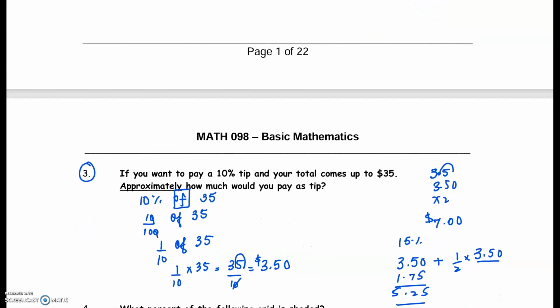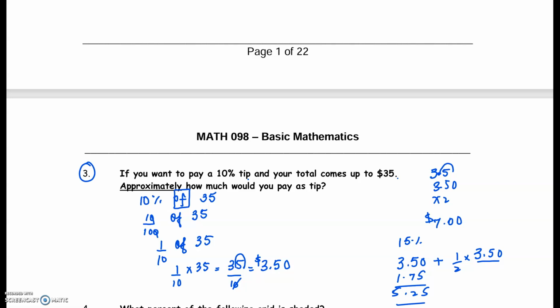So let's look at this. We use percents on a regular basis, and one of the examples is tipping. So if we want to pay 10% tip and your total comes up to $35, approximately or sometimes even exactly can be calculated, how much would you pay as a tip.